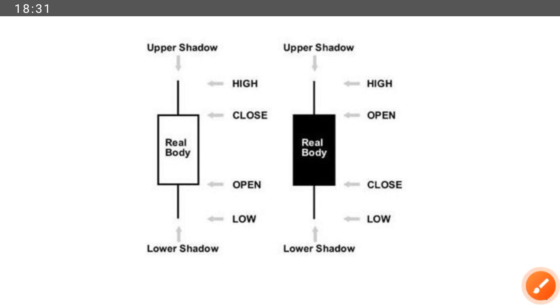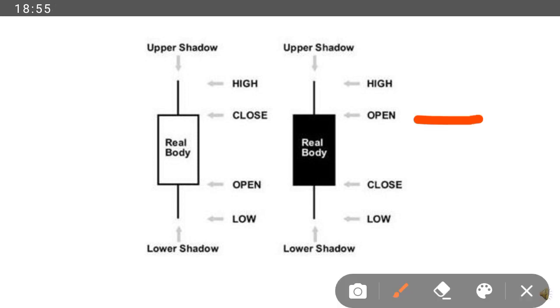So now look at this. This one is a bearish candlestick, a candlestick indicating that price went down. And it always opens up. You can see the open here.